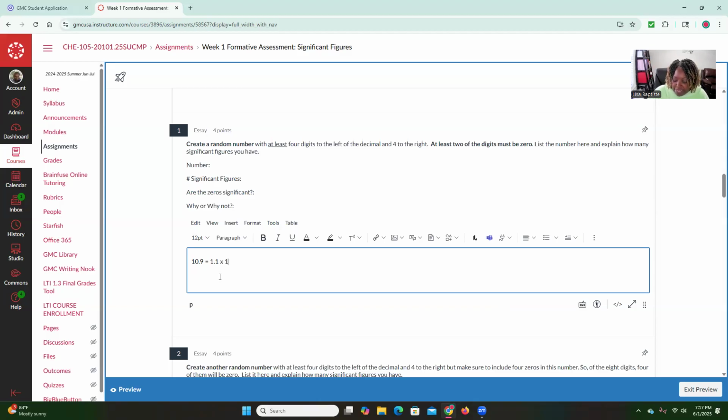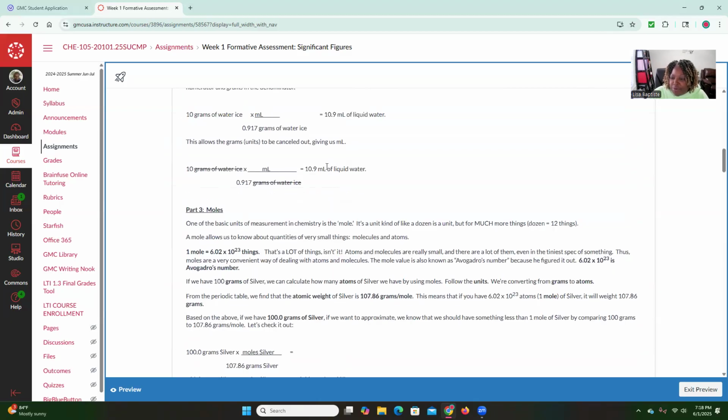So it'd be times 10 to the first power because we moved it over and took a larger number to make it into scientific notation. But that's still two significant figures. So how would we make that one significant figure? We would take the point one off and we would say 1 times 10 to the 1. So that would be how we would change that number to one significant figure. But again, in general, I like to give at least 2 to 3 significant figures so that you don't have to worry about doing that.